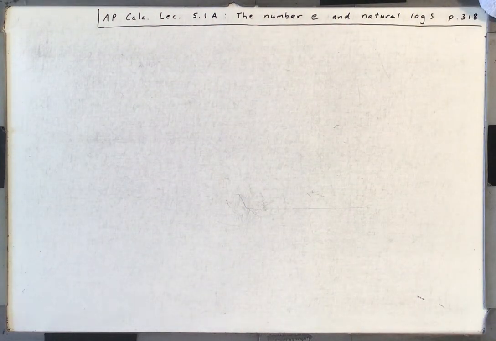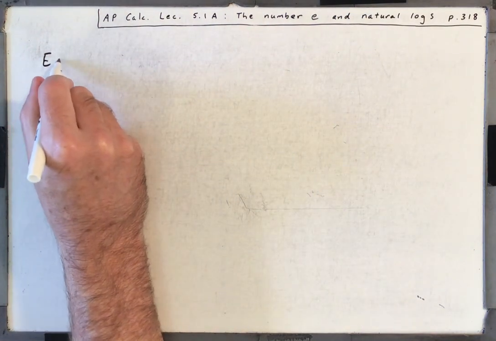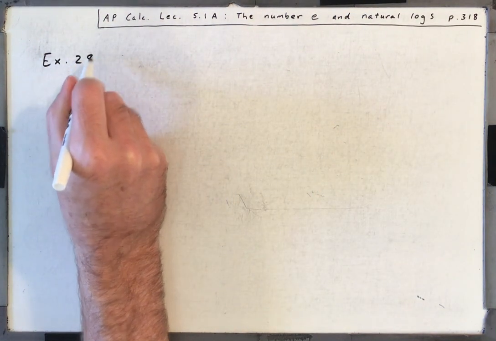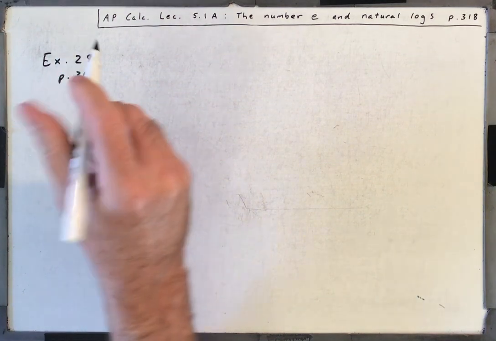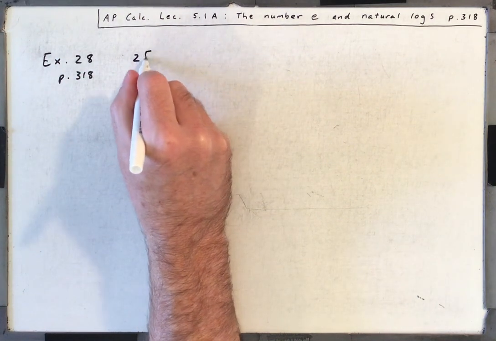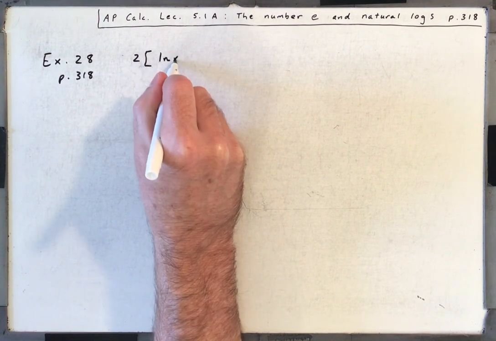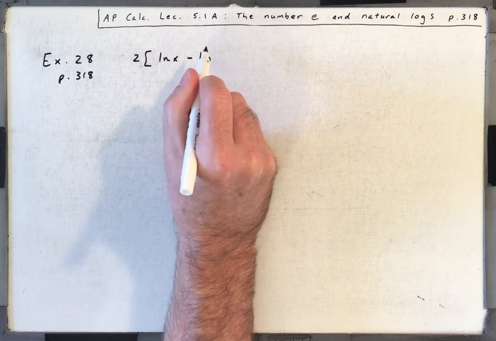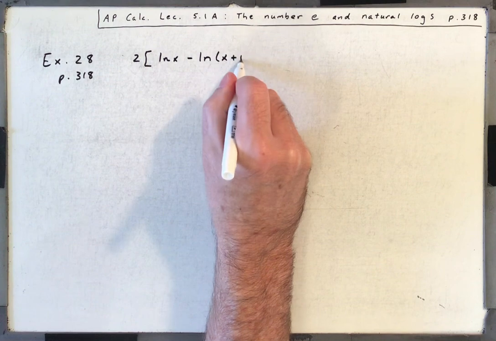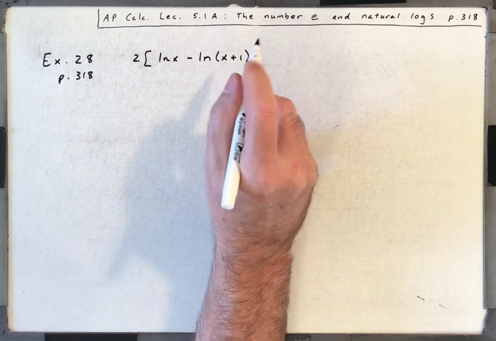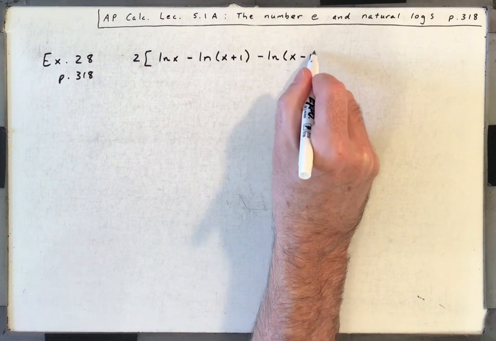So let's do number 28. We're going to combine number 28 into a single logarithm. So we've got 2, and we have the natural log of x minus the natural log of x plus 1 minus the natural log of x minus 1.